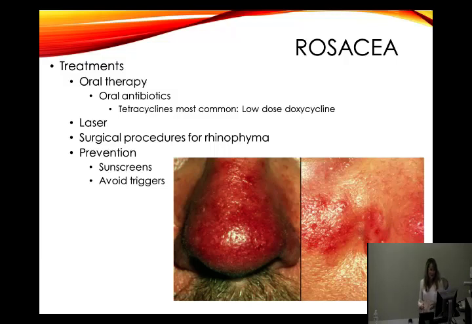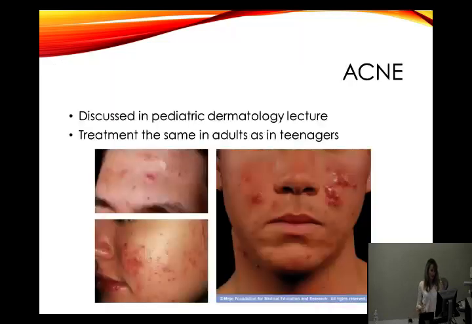Other treatments can be done with referral to dermatology or plastic surgery with laser, surgical procedures. But big things are prevention, so wearing sunscreens and trying to avoid triggers when possible. So acne, we also have acne in adults. It is treated the same as what we treated in our teenage population.